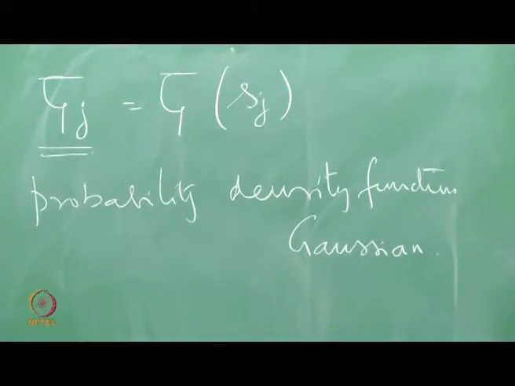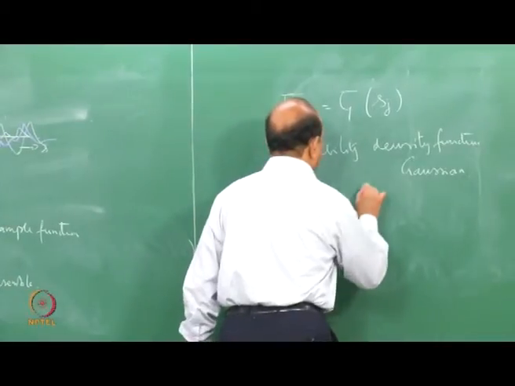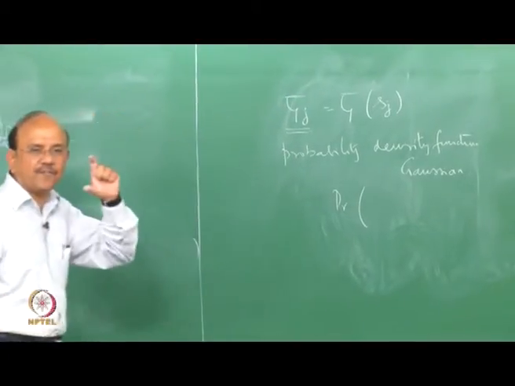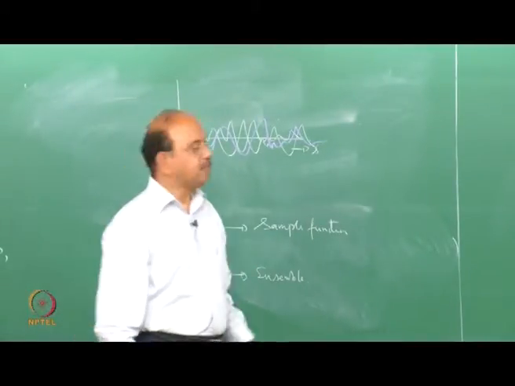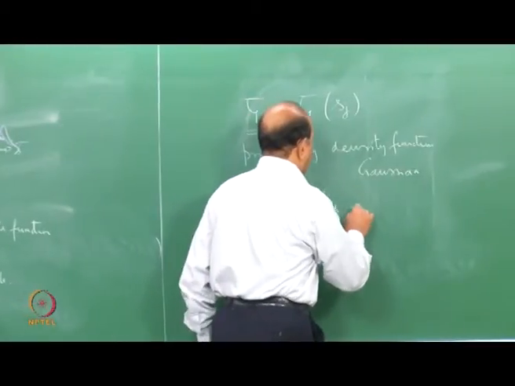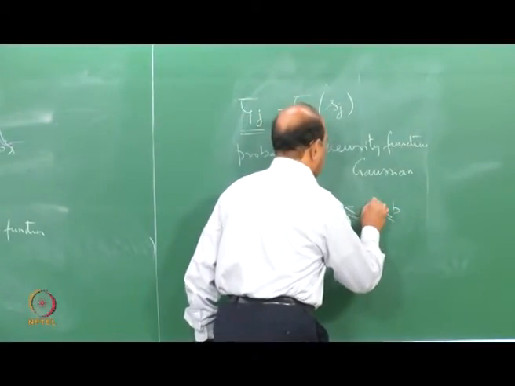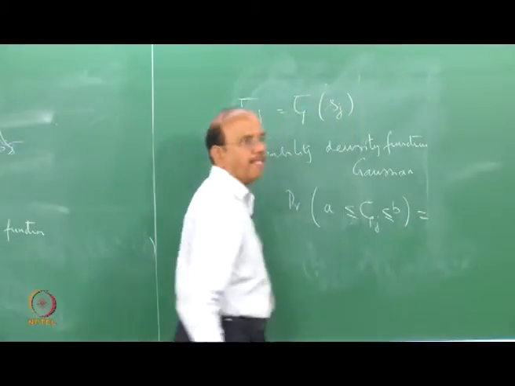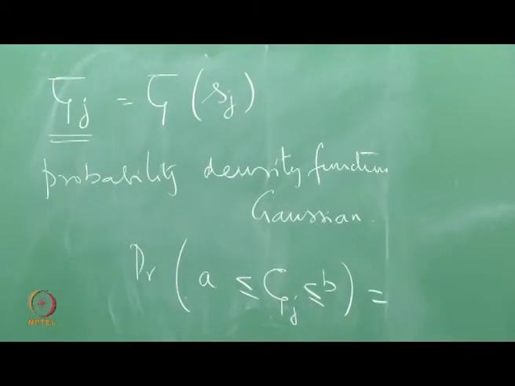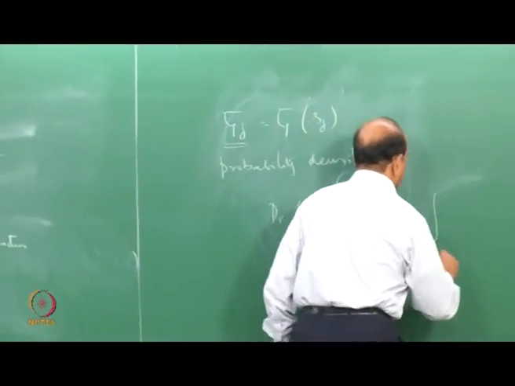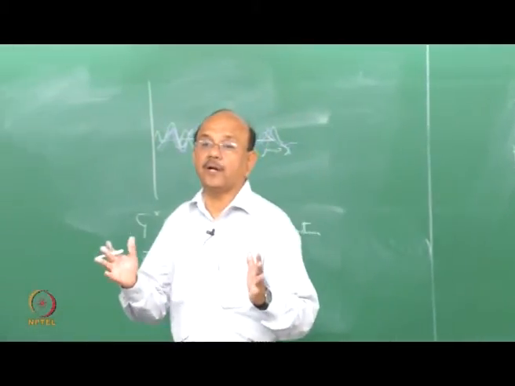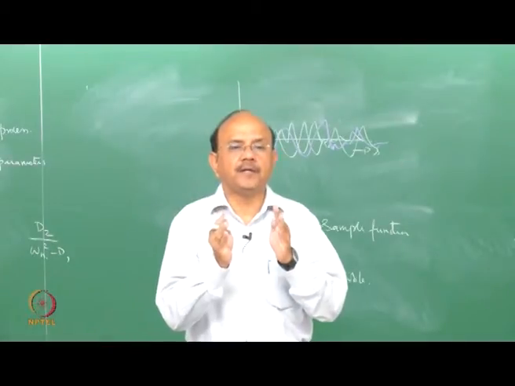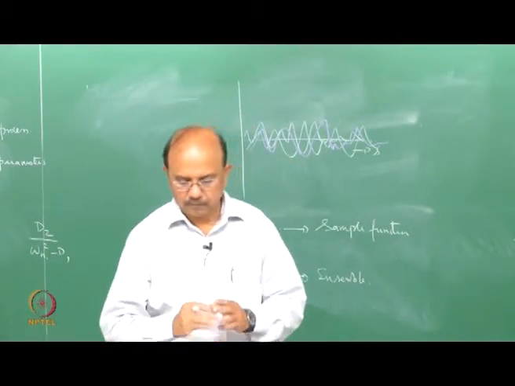Going back to the definition of the probability density function, the probability that this roughness value, which I would now start calling a random variable, is between the values of A and B is given by, how do we write this? What am I looking at? What is the probability that it is between, say, 3 mm and 5 mm?